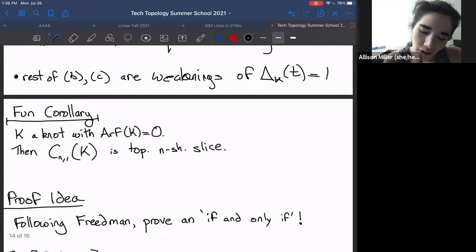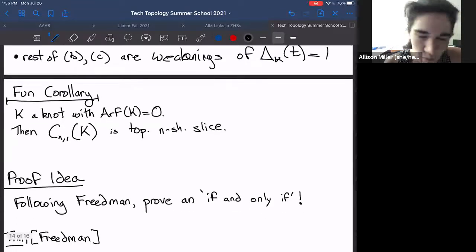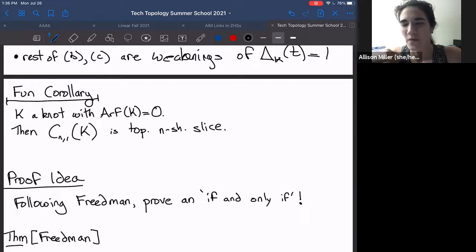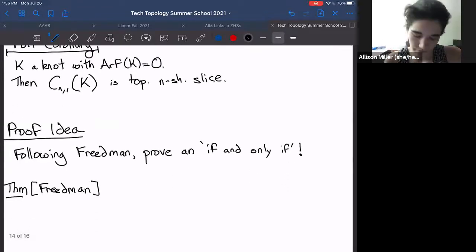Okay, so what's the proof idea? Pretty roughly, inspired by and following Freedman, we're actually going to prove an if and only if statement rather than the if statement. And the proof of the only if gives us ideas about how to prove the if. So what's the theorem of Freedman that we're spiritually mimicking here?